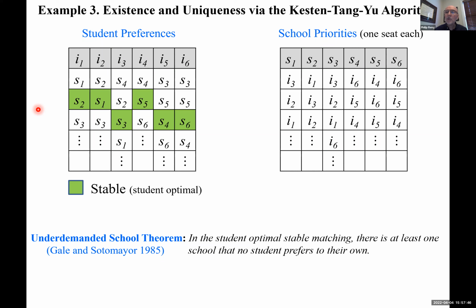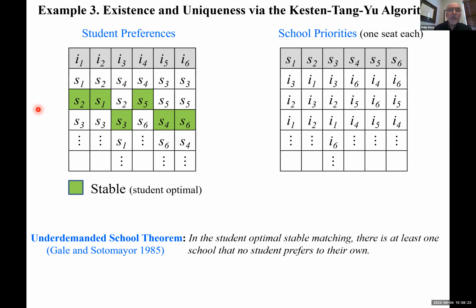Now, when that's true, you can see that in any Pareto improvement, all of those students have to stay where they are. Because if you try to move any of those students, you're going to have to kick some student out of a school where they were and put them in that school. There just aren't enough seats. So this theorem says that in the student optimal stable matching, there's no matching that strictly Pareto dominates it, because there's always at least one school that no student prefers to their own.